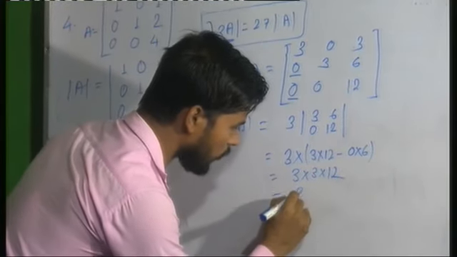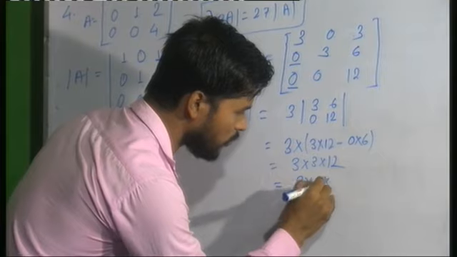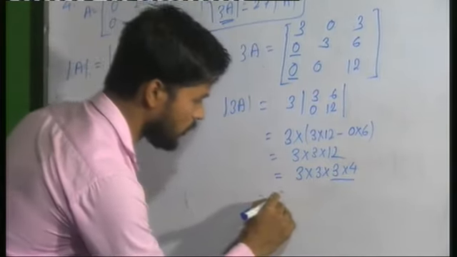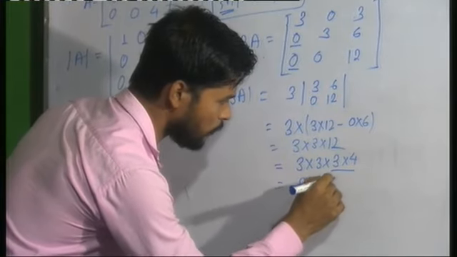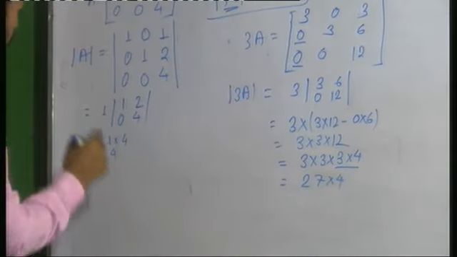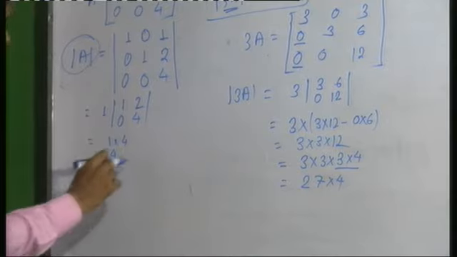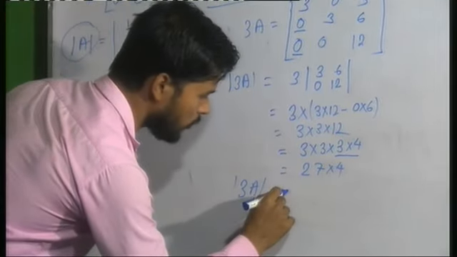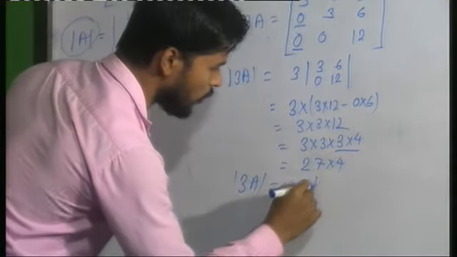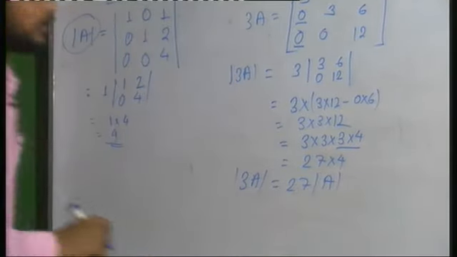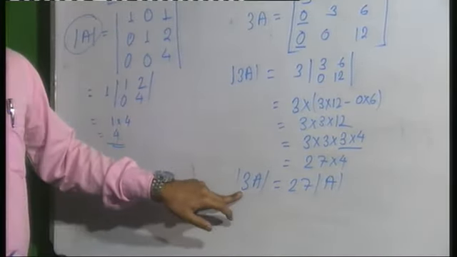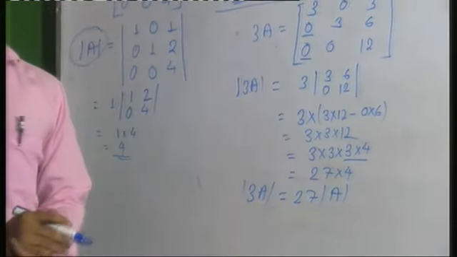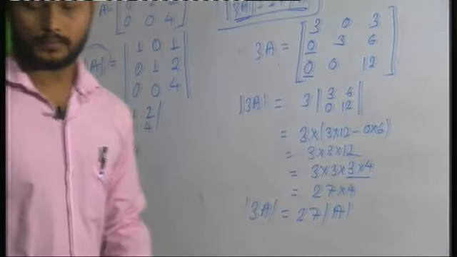This can be written as 3 into 3 into 3 into 4. 3 threes are 27, so that is equal to 27 into 4. And the determinant of A is equal to 4, so the determinant of 3A is equal to 27 into the determinant of A, and hence proved.